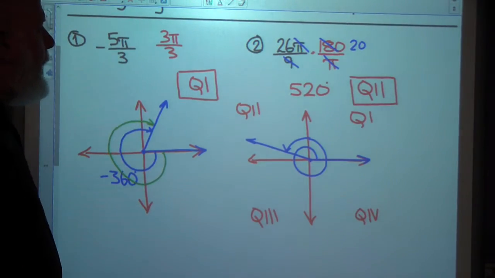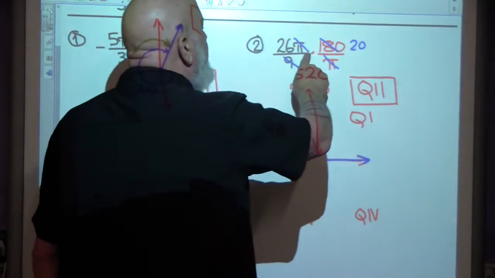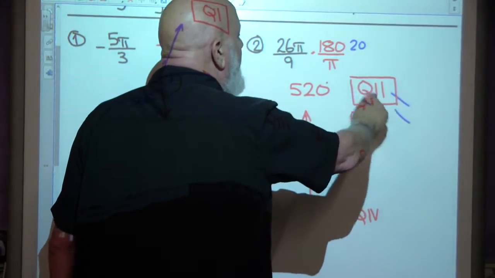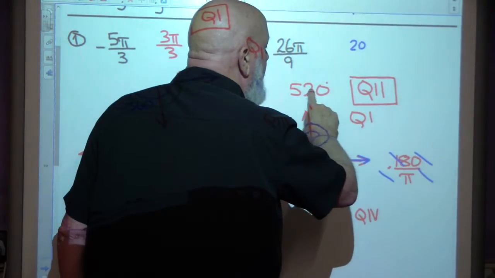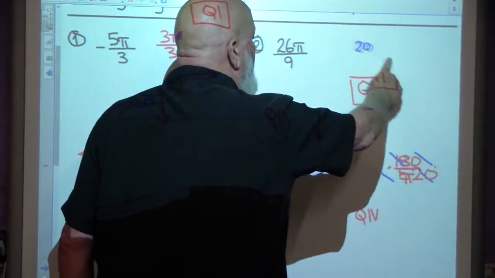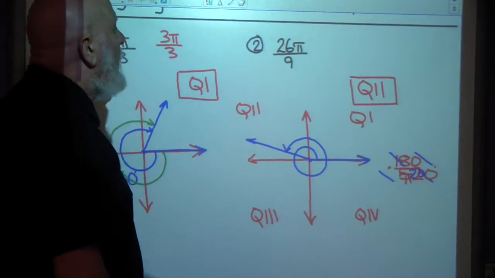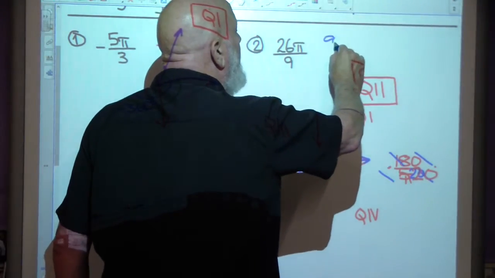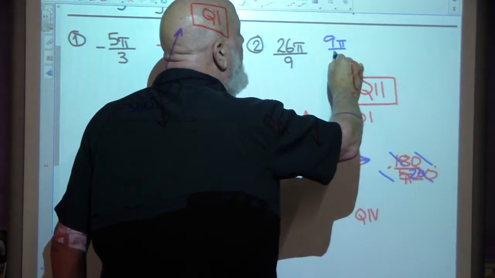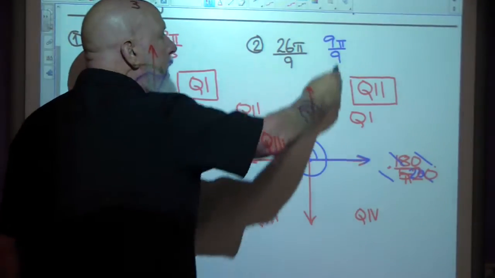It'd be quadrant 2. If I were going to count it in terms of pi's over 9, I would think the same thing. 9 pi over 9 is pi radians. The 9's cancel.